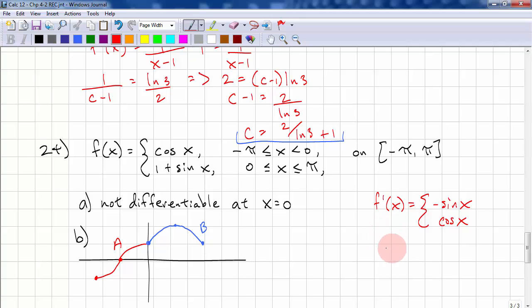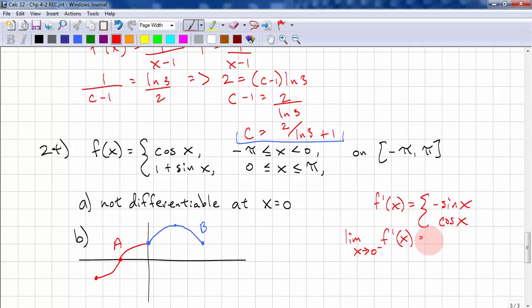Let's evaluate this at 0. From this side, so this is actually a limit from the left, we'll just use direct substitution.